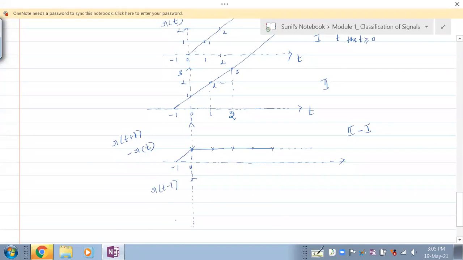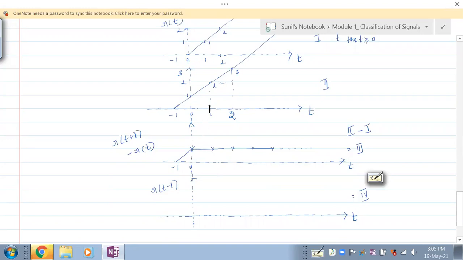So see what r of t minus 1 looks like. Now if we call this the third signal, and this the fourth signal, okay, now plot r of t minus 1, everybody.